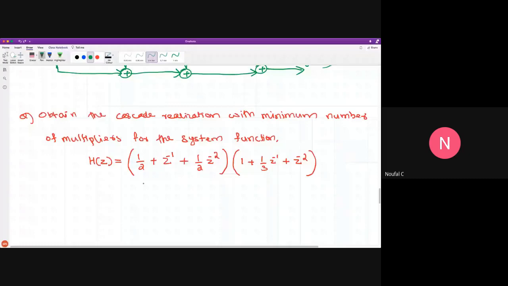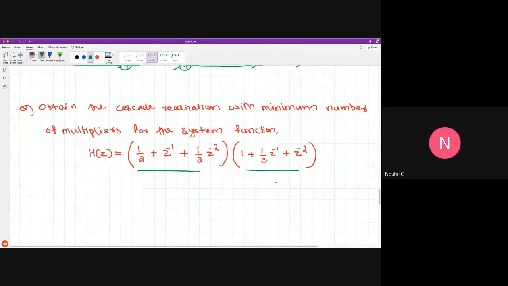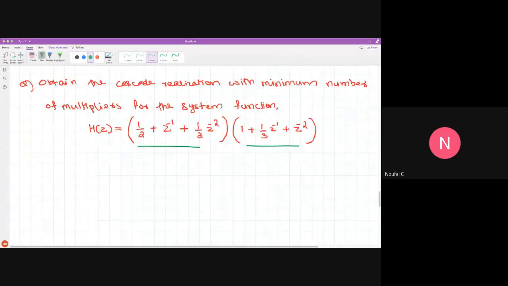So you have two different polynomials over here. So do you think these individual polynomials can be realized using linear phase realization? Can anyone reply me? Devika, what do you think? Yes, sir. Do you think these two polynomials can be realized in a linear phase form or linear phase realization?